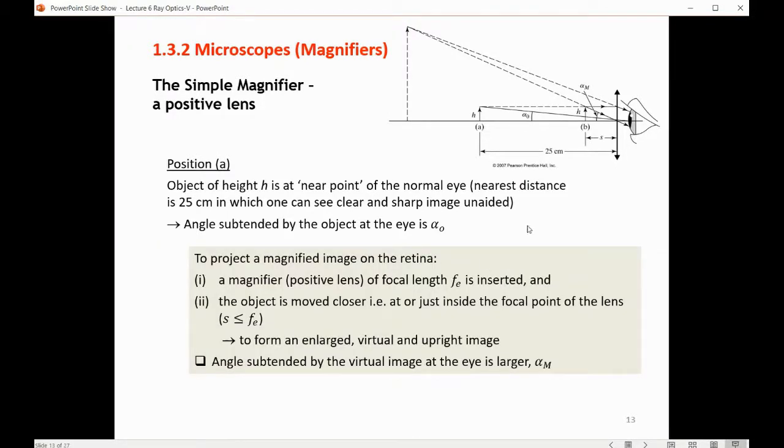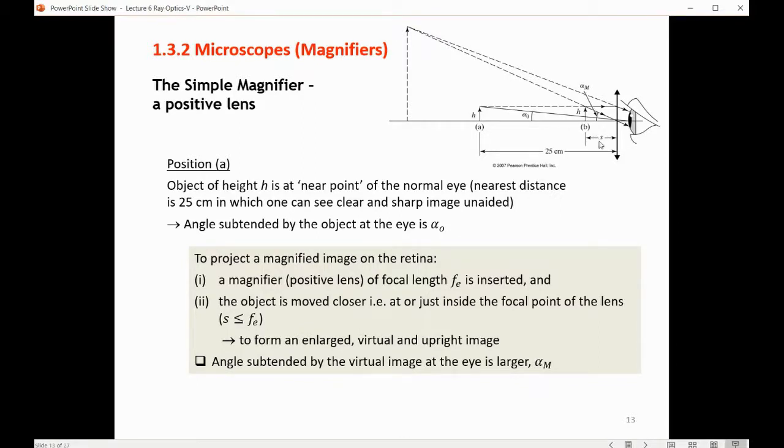We would like then to project a magnified image on the retina of the eye, and we do this by inserting a magnifier, which happens to be a positive lens of focal length Fe, and we also move the object closer until it is at or just inside the focal point of the lens.